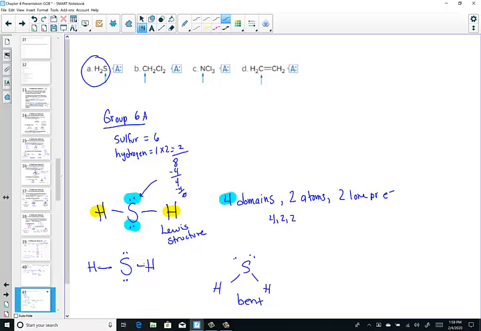How about letter B? We're looking at carbon as the central atom. Carbon, of course, lives in group 4A, and so we know that carbon is going to have 4 valence electrons. Hydrogen each contributes 1, so a total of 2. And chlorine, we know, lives in group 7A, and so there will be a total of 7 times 2 is 14.